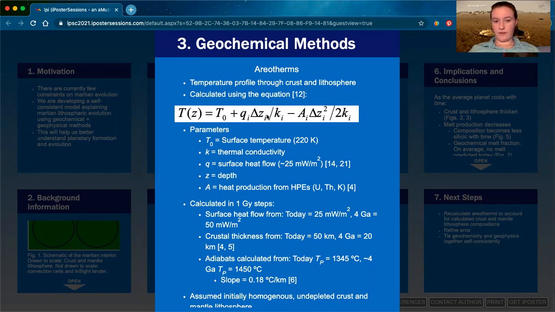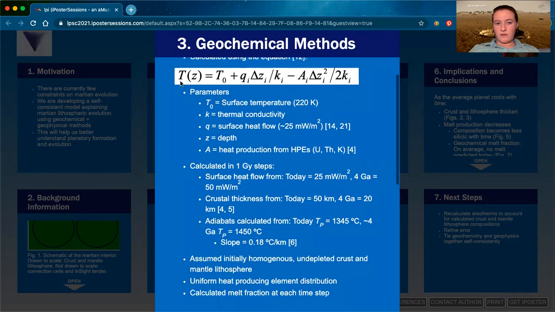The first thing we did was calculate the temperature through the Martian crust and mantle. Through the top part, the crust and the conductive mantle, we used this equation right here, and we solved for the temperature through depth in billion-year increments: 4 billion years ago, 3 billion years ago, 2 billion years ago, 1 billion years ago, and today in the present.